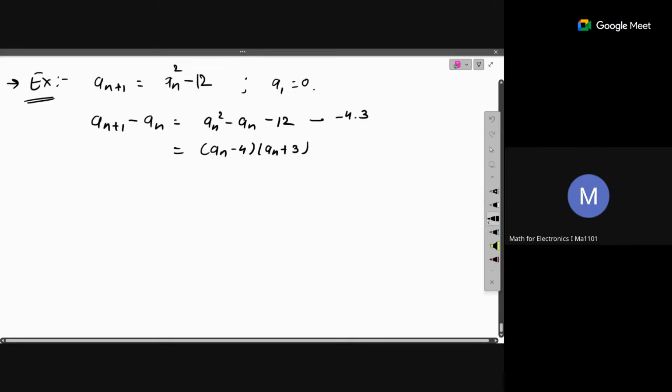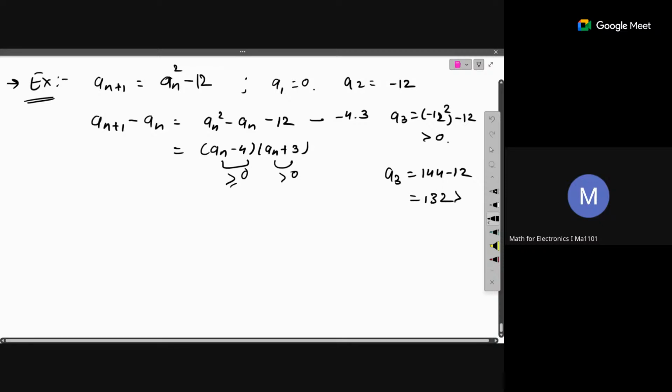Now a1 equal to 0 is given to us. If I compute a2, it's minus 12. If I compute a3, it is minus 12 square minus 12, again a positive quantity. So ultimately an is greater than or equal to 0. And we also know that an will always stay above this minus 4 also, because a3 is 12 square minus 12, which means 144 minus 12, nothing but 132, and it is strictly greater than 4.